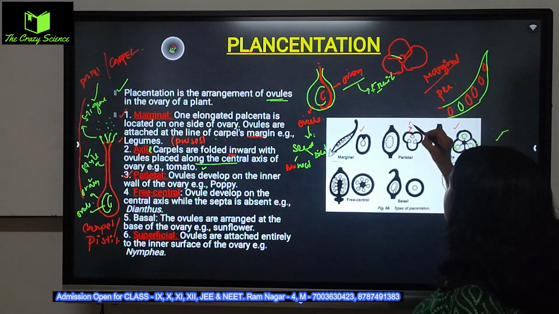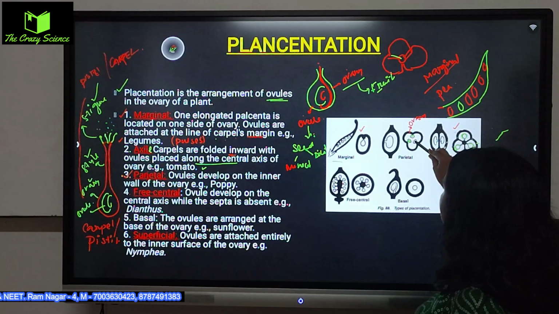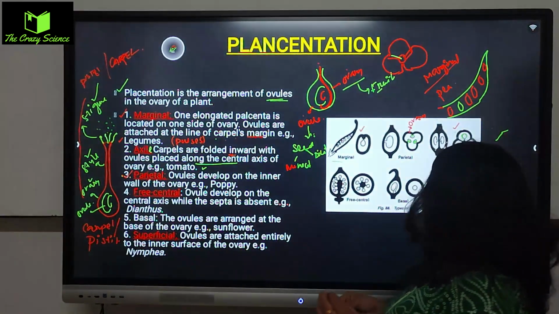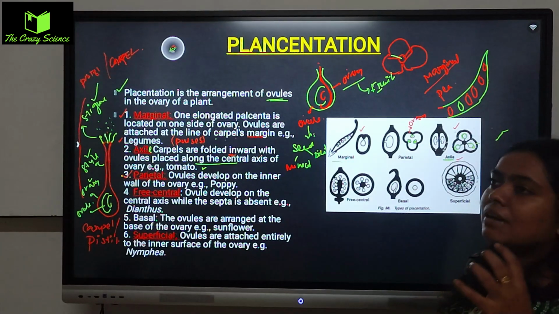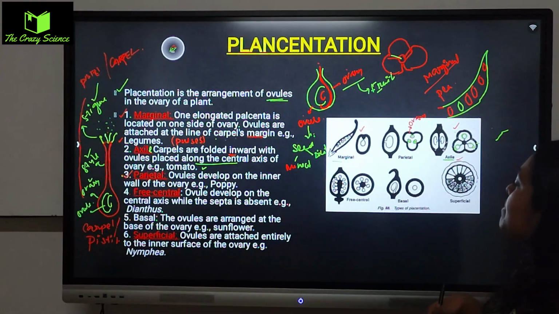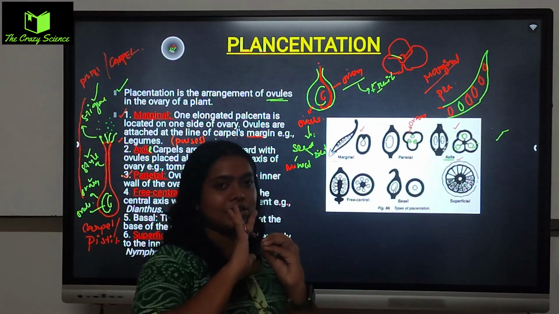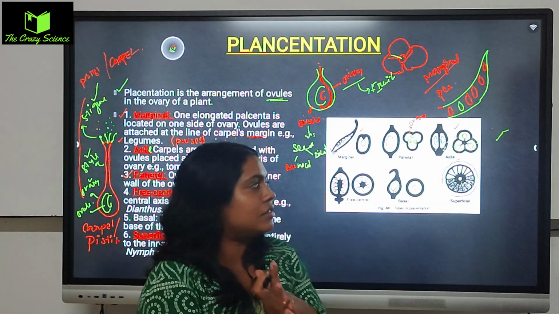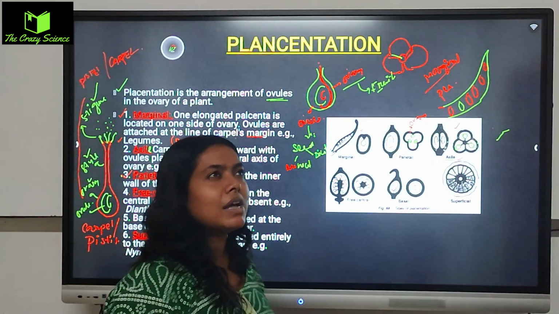Suppose this is an ovary, and inside the ovary you see many small structures, these are called ovules. They are exactly connected with the ovary wall, the two bodies are connected to each other. That's why it is called the parietal. You will see parietal in poppy plants, poppy seed.